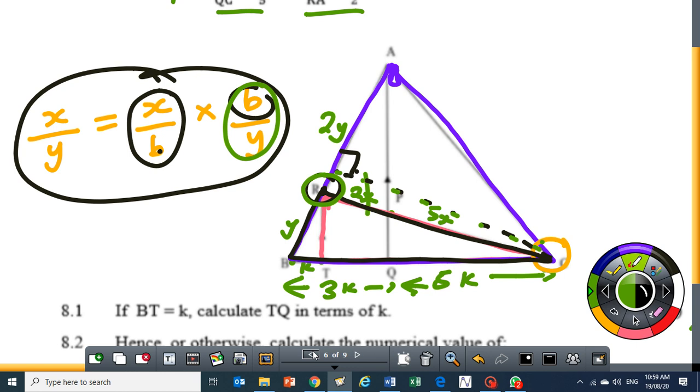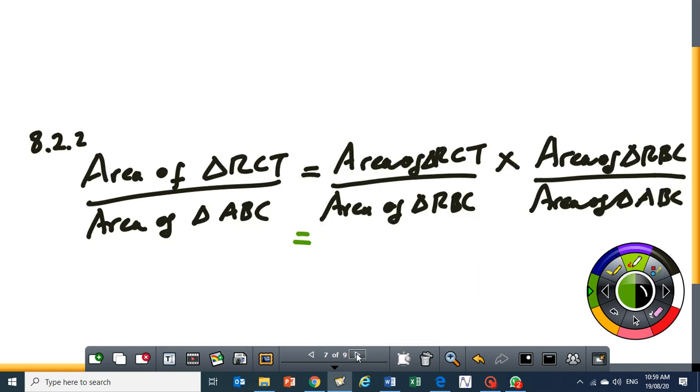RCT. What's the base? The base is going to be TC. If we draw a perpendicular line from here to there, the base is going to be TC. And our TC will be equal to 2K plus 5K, which is 7K. So it will be 7K.